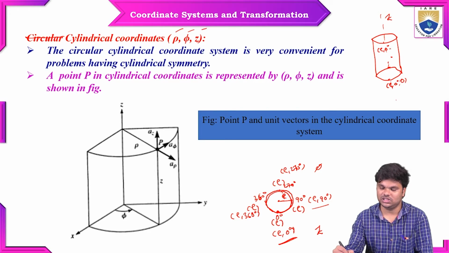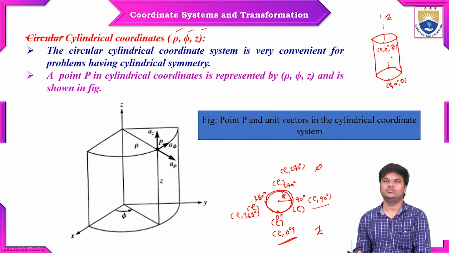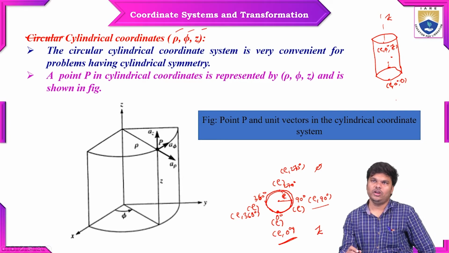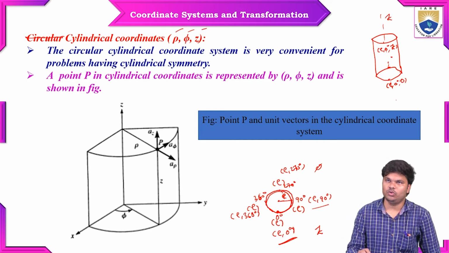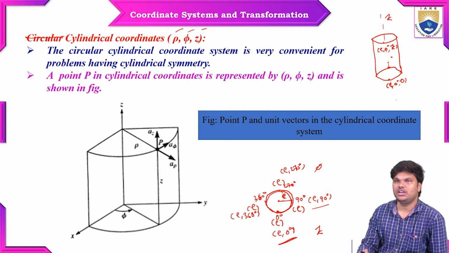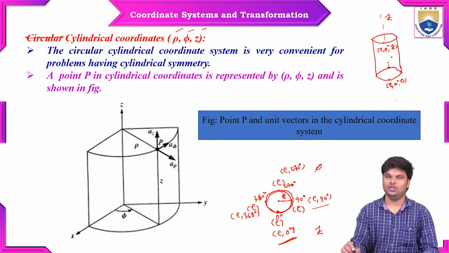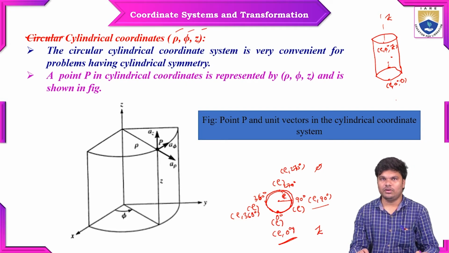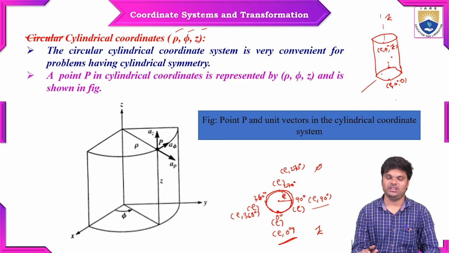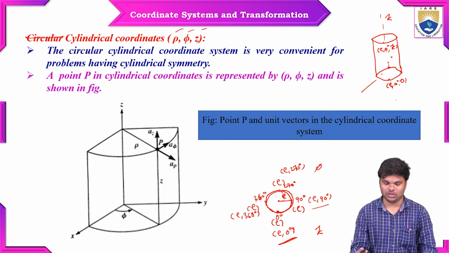If I say this one is some z. Now if you take any 2 points on any two circles, one point on one circle, another point on another circle, then at least one of the coordinates must be different from the other coordinates. So that's why we need 3 coordinates in the cylindrical coordinate system.